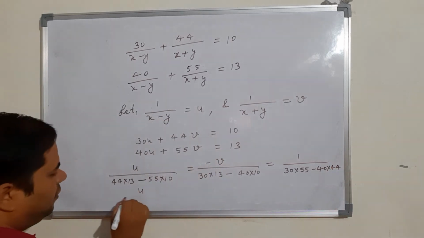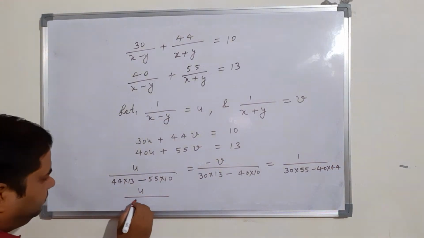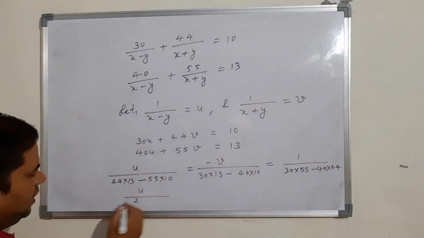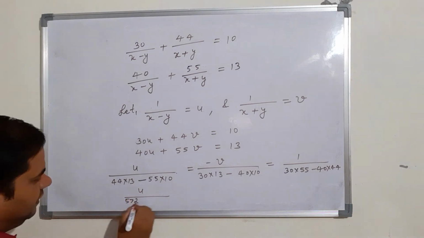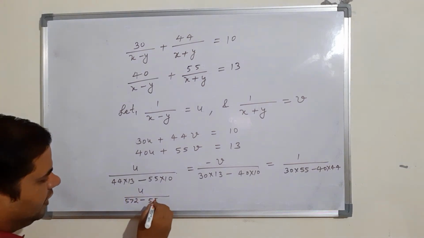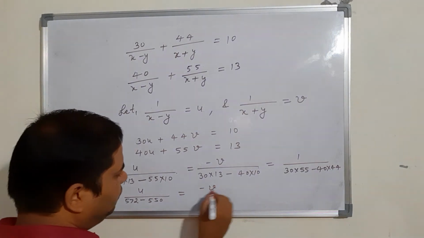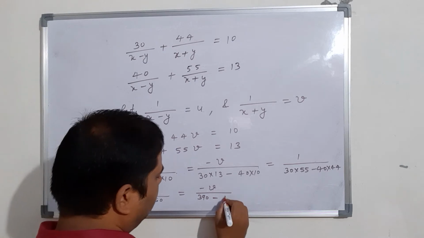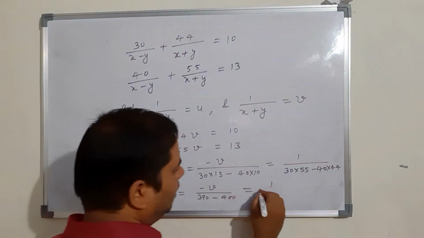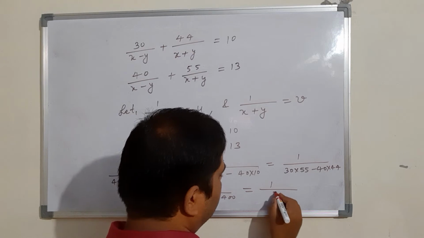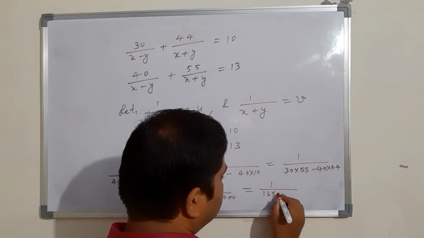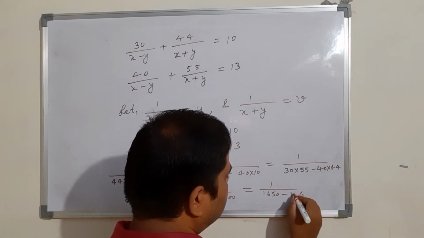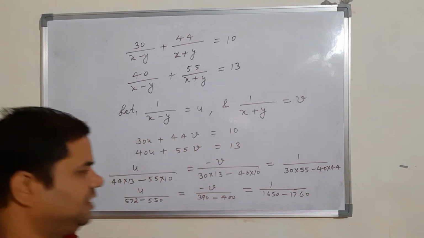Now we will get u upon 13 fours are 52, 5 fives are 25, 52 minus 550 minus v upon 13 3s are 39, 390 minus 400, and 1 upon 3 5s are 15, 1650 minus 4 4s are 16, 1760.